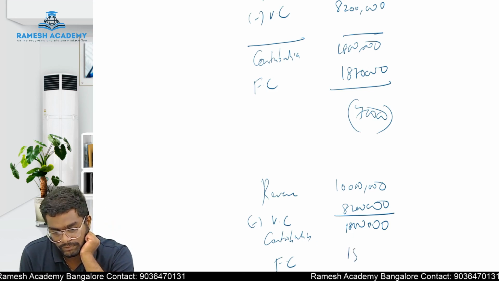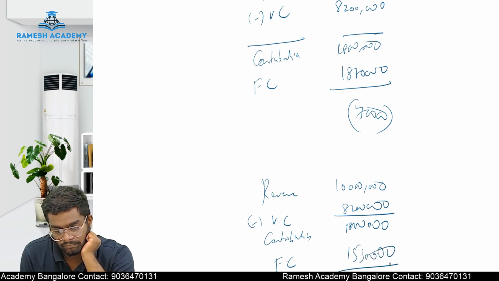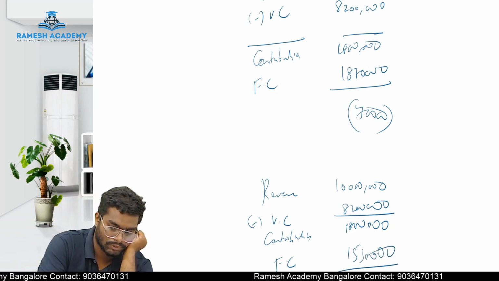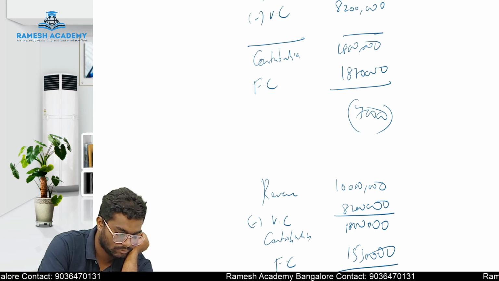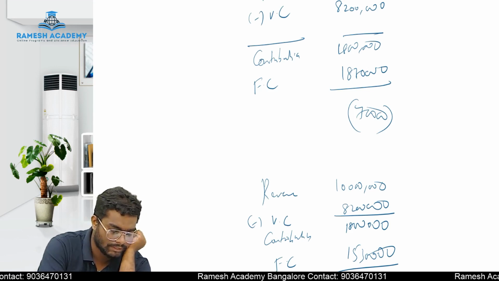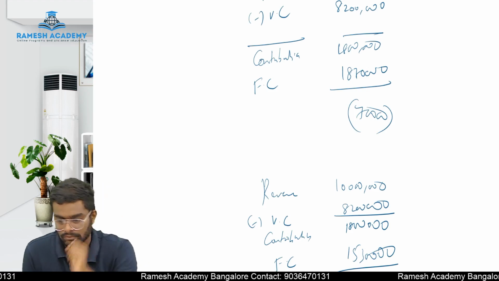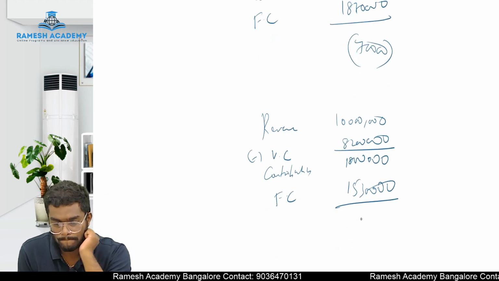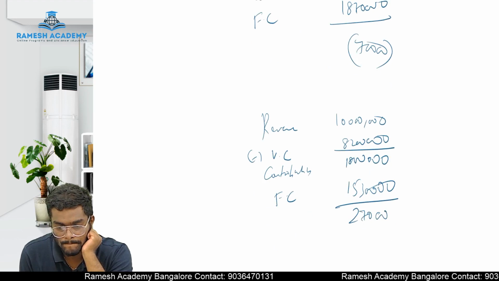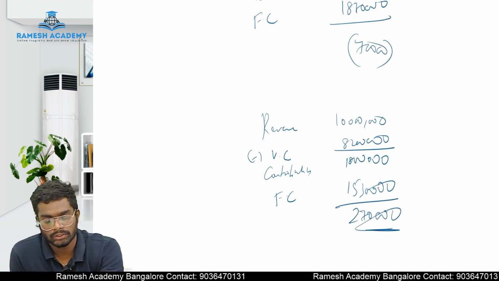So 18 lakh minus 15 lakh 30, just 2 lakh 70. So both the things are done, fixed asset.